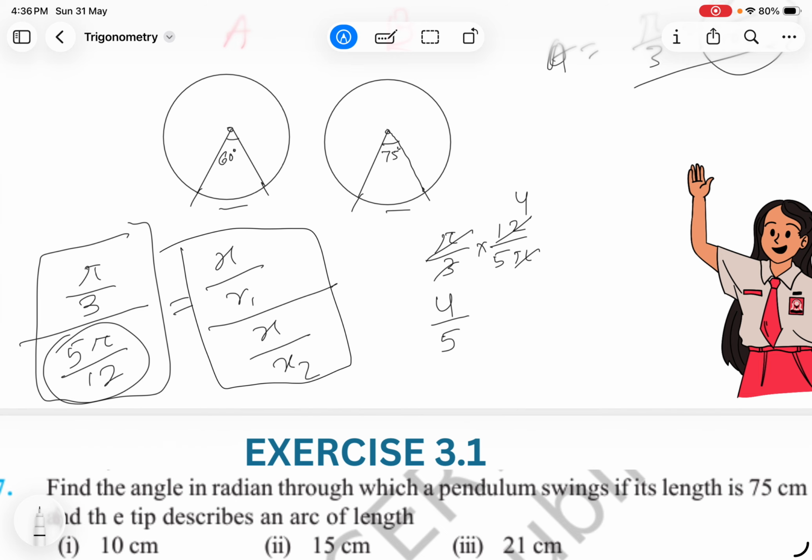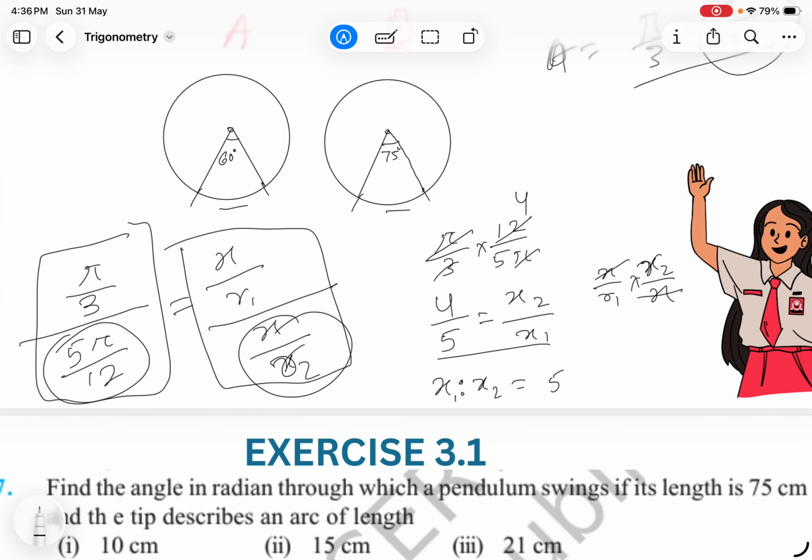Now if we see this part, we have x by r1, and here x by r2, so we can write x2 by r2, this r2 by x cancel, so we will get x2 by x1. So the ratio of x1 to x2 is 5 to 4, that is the answer.